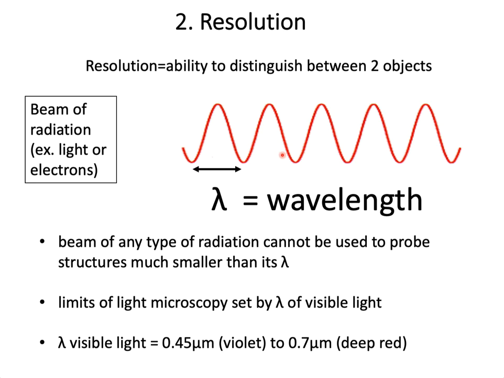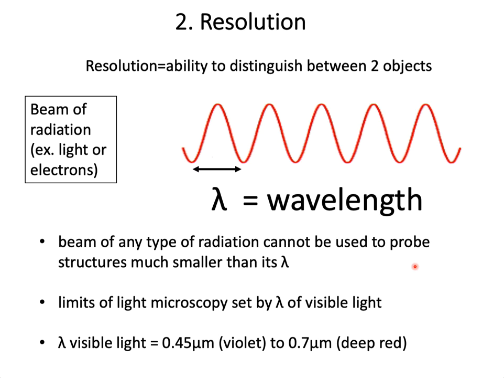The wavelength of a beam of radiation is denoted by the Greek letter lambda. The wavelength is the distance between two valleys or two peaks of the wave. The resolution depends on the wavelength of the beam of radiation you are using. A beam cannot be used to probe structures smaller than the wavelength.